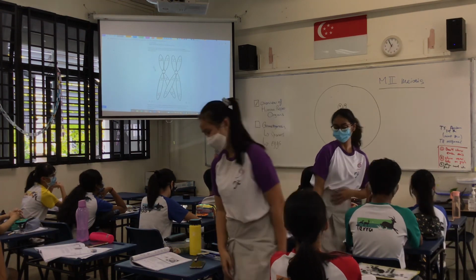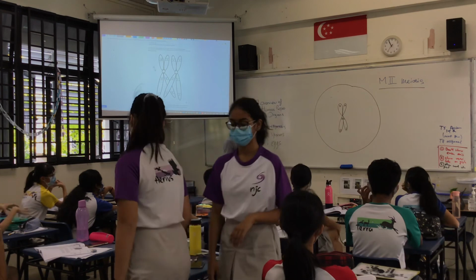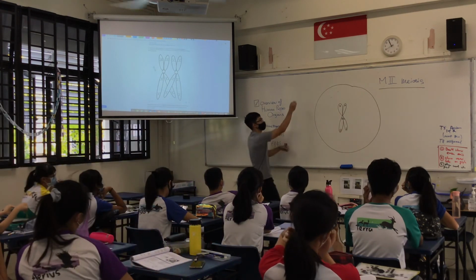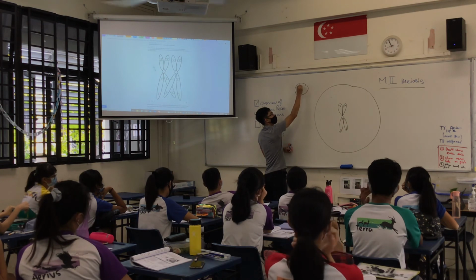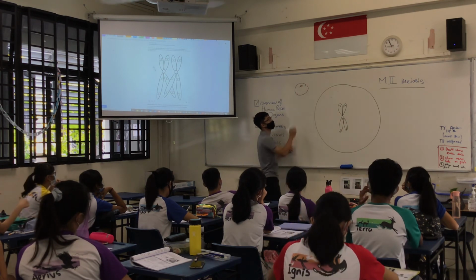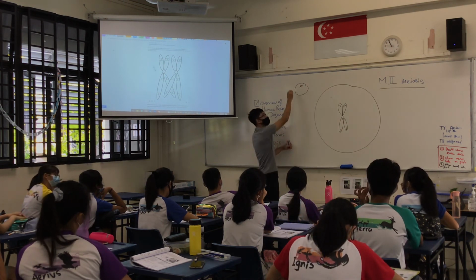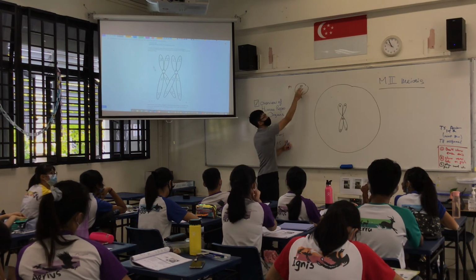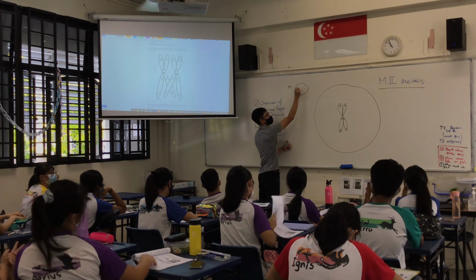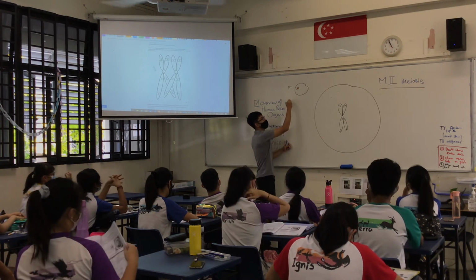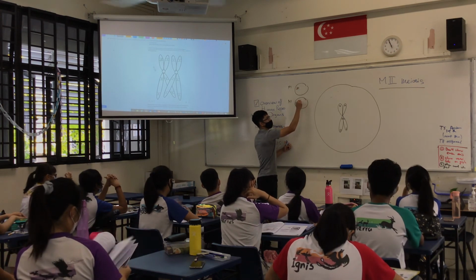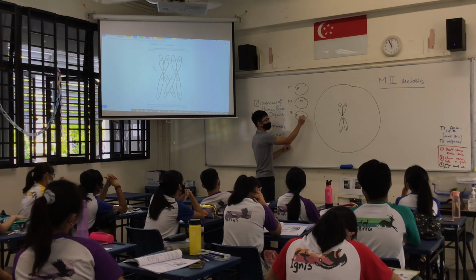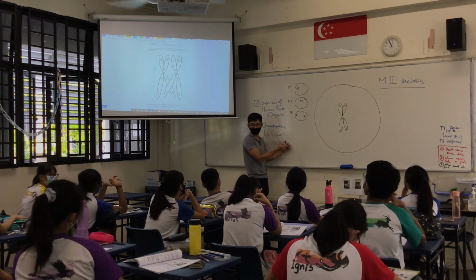Okay, there's a little bit of confusion as you're trying to work it out in your mind. If we started off with the chromosomes like that, this would be prophase 1. In metaphase 1, they will line up like that. In anaphase 1, these two homologous chromosomes will separate.